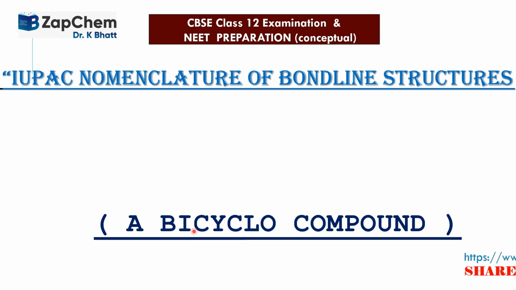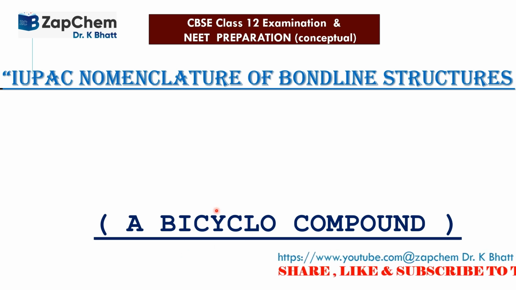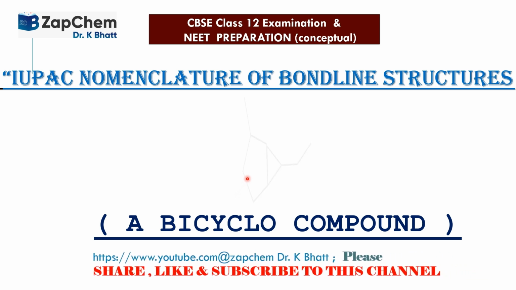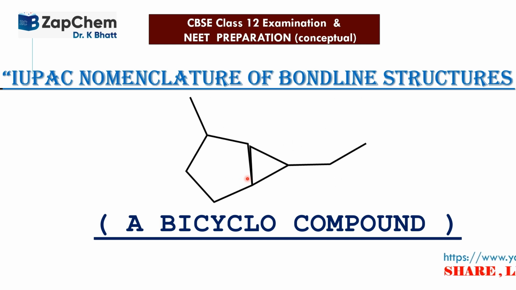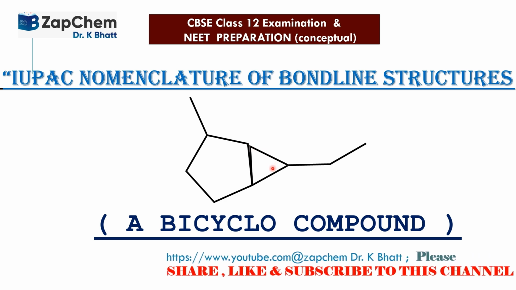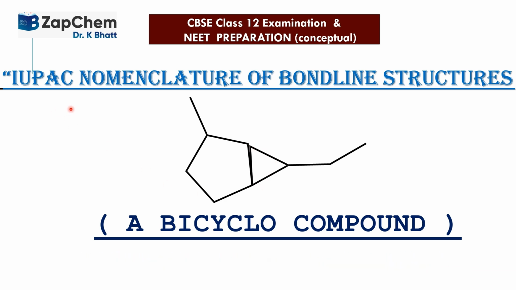That is, two cyclic compounds fused together through a common point, and that is known as a bicyclo compound. So here is the structure, and we have to name this structure according to the IUPAC system.